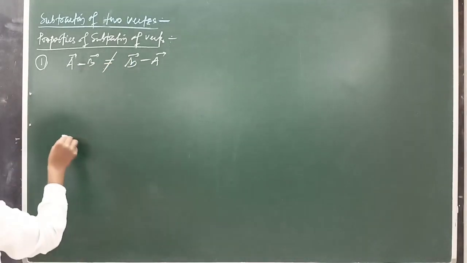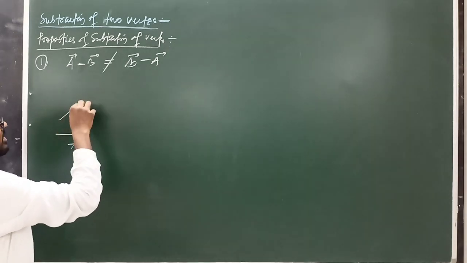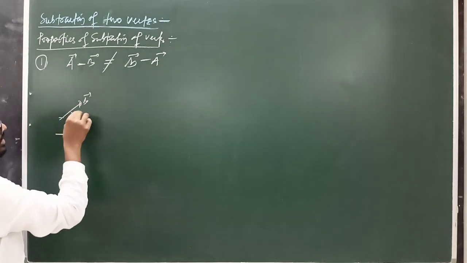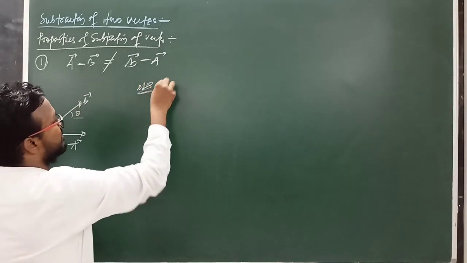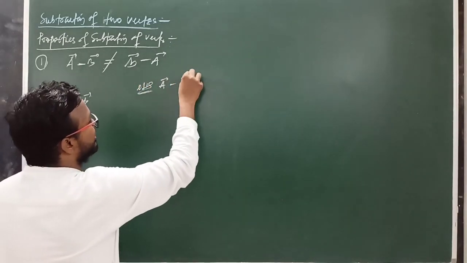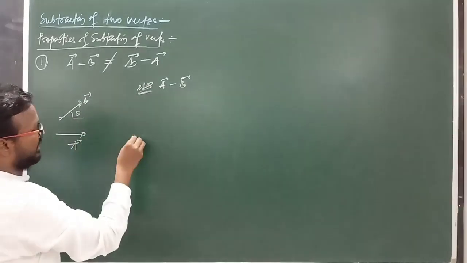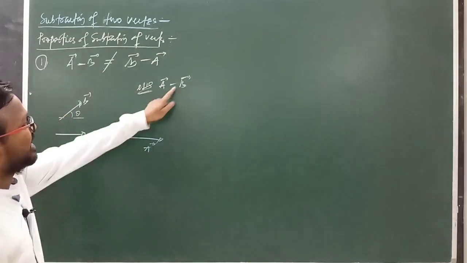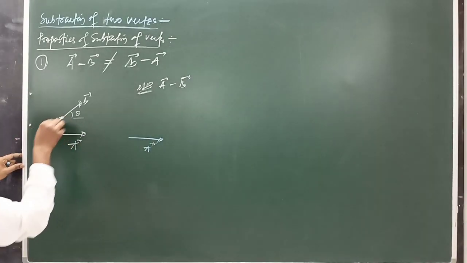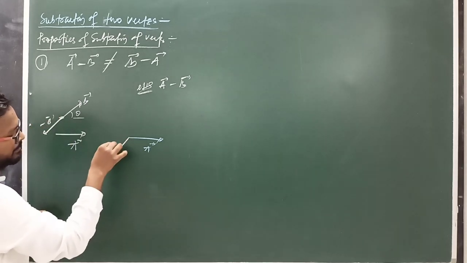Clear? How? Suppose one vector is here, and another vector is here, B, and this angle is theta. Now prove this relation. LHS means A minus B vector. In this case, this is the resultant vector: A and minus B. This is minus B, which is opposite to this direction. So this is the minus B vector.